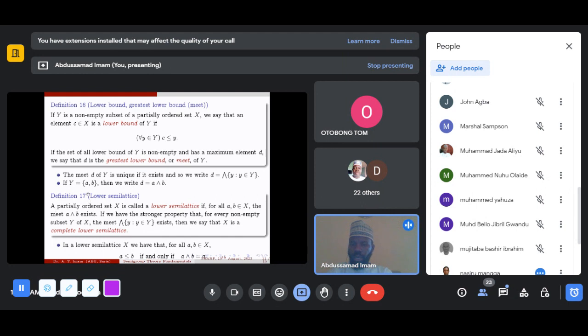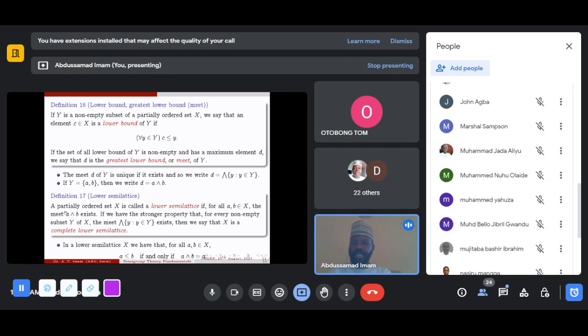And then with this description, we can define a lower semilattice. We say a partially ordered set is called a lower semilattice if any two elements from this set have their meets existing. That is, there exists the meet for any two elements. So any set of two elements has a greatest lower bound. That is what we are saying.